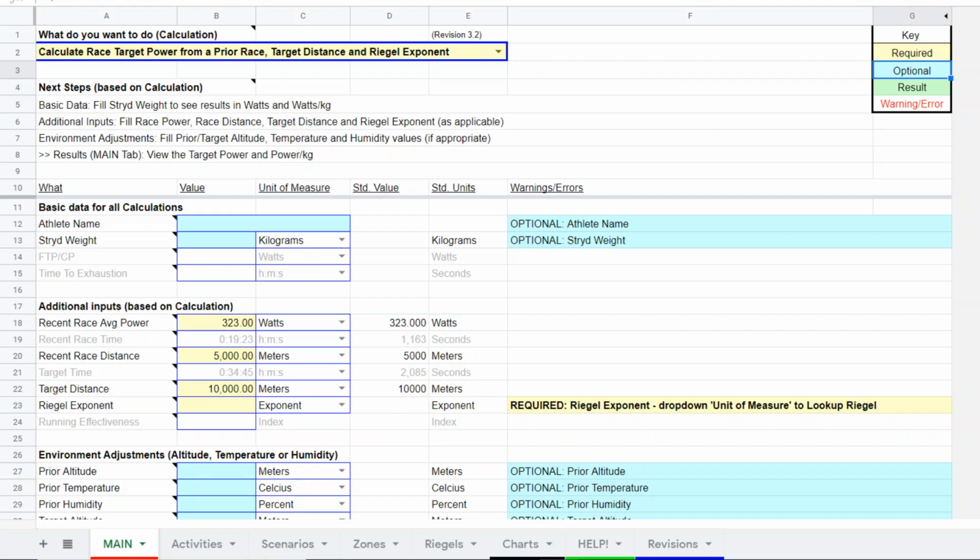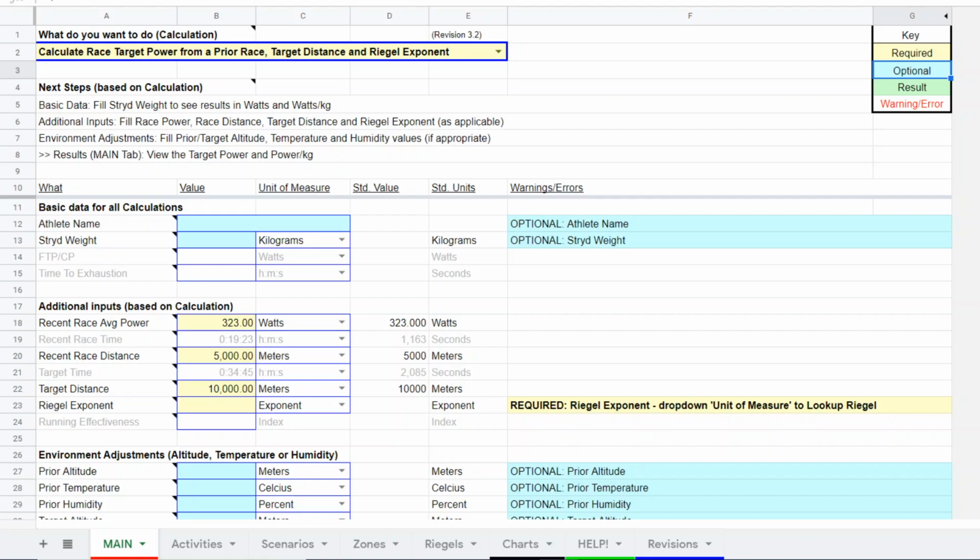The examples that I'm going to bring you today are prompted from a Stride community post by one of the Stride users there, who had recently, last week as a matter of fact, run a 5K race in 16:44, very nice by the way, at a power of 323 watts.